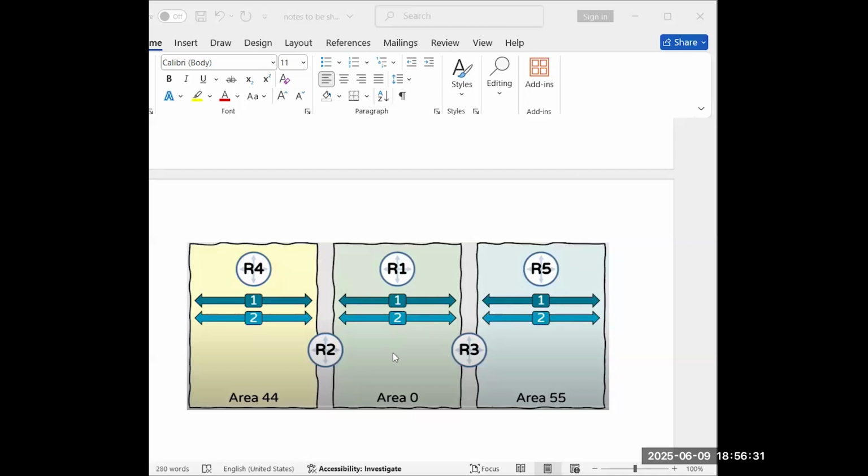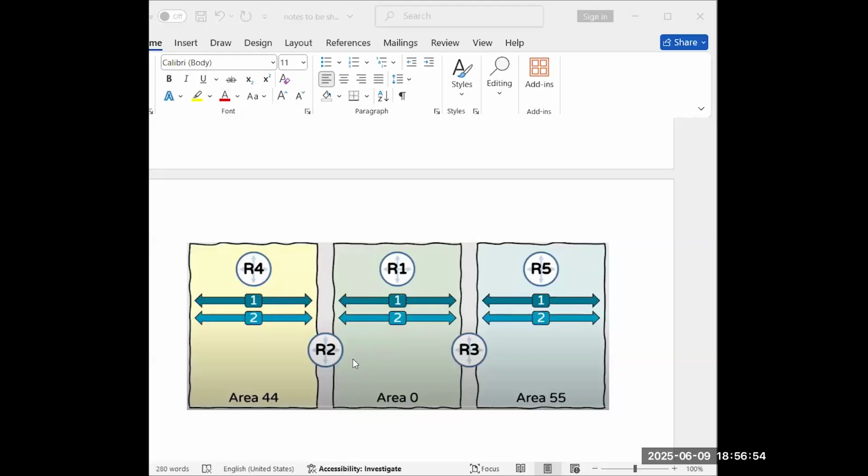Ma'am, R2 and R3 are ABR routers, right? Yes, ABR routers, area border routers. ASBR will be the router if it connects with another autonomous system.